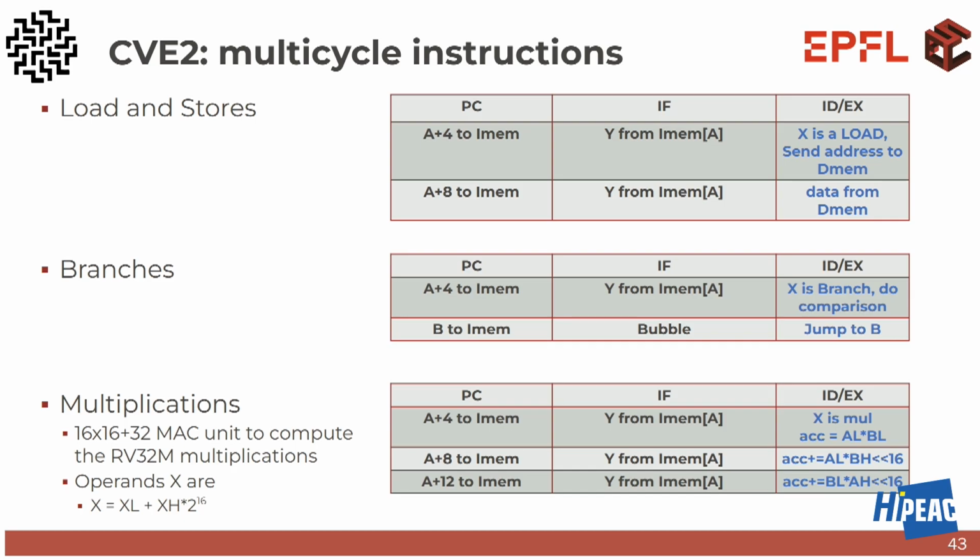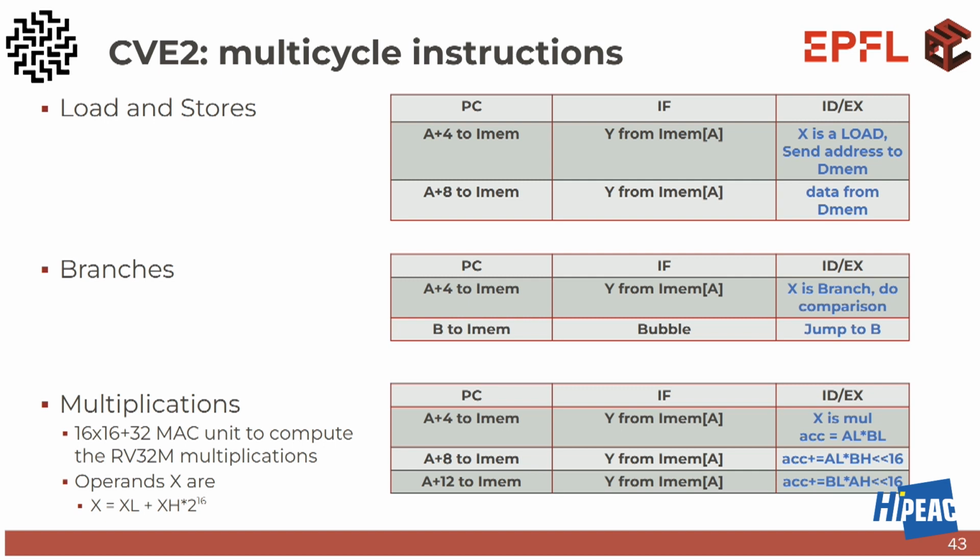So I'm sending the address. I know SRAM answers at least one cycle after, so I stall. That's why you don't see anything moving in the IF. It's still the same, it's frozen there, and I get the data from the memory.